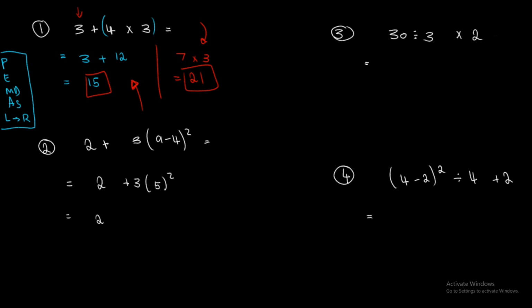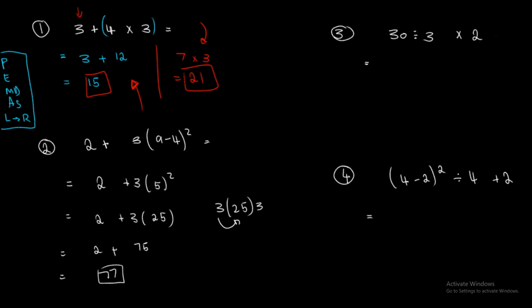Exponents is before multiplication, so 5 squared is 25, which then gives me 2 plus 3 multiply 25, which is 75. Even though there's a parenthesis, this is the distributive property, where we can just multiply whatever's in front of the parentheses with everything inside the parentheses. So this is going to give me my final answer of 77.